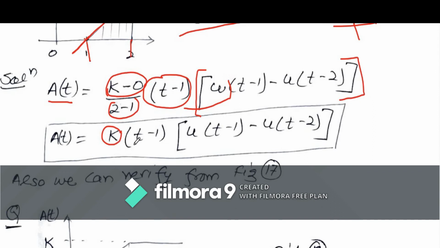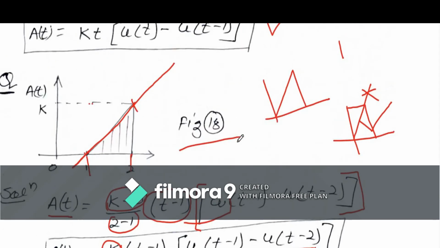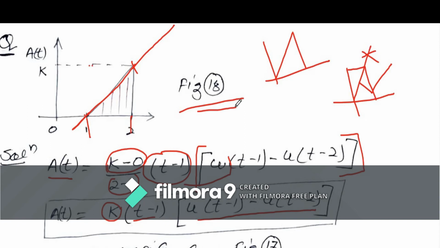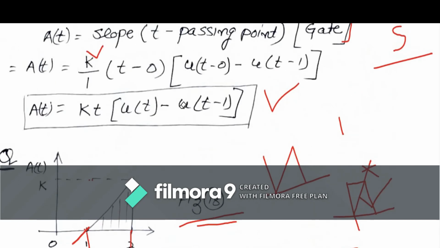As figure number 18 is the shifted version of figure number 17, we can obtain the expression of figure number 18 from the expression of figure number 17 by just putting t equal to t minus 1. You can also verify from this. This is the expression for figure number 17.